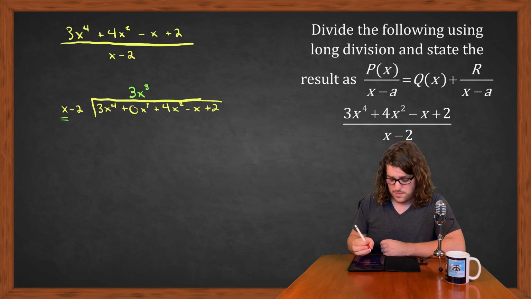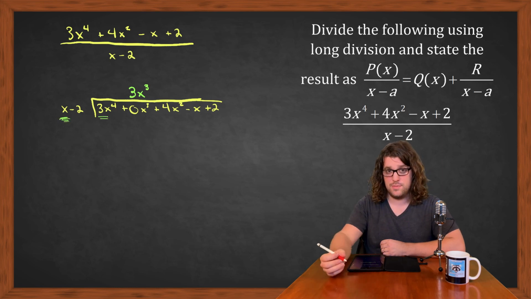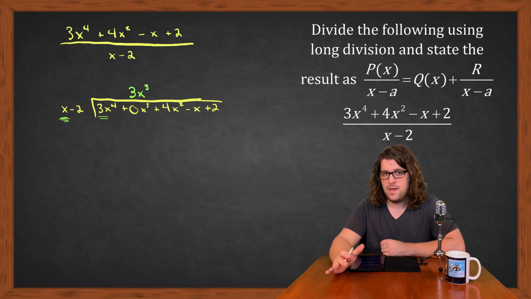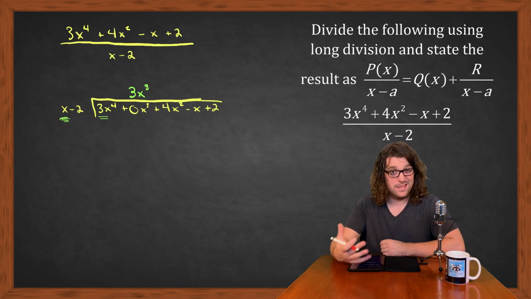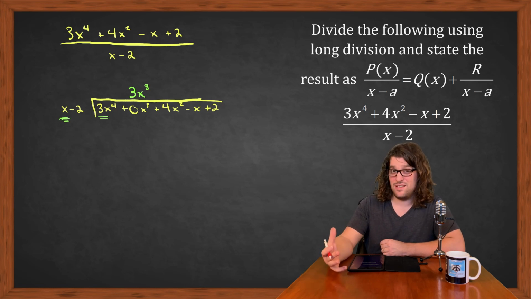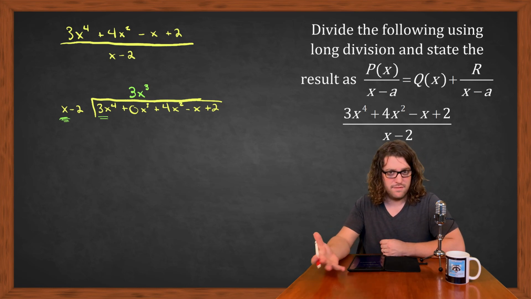Now the reason why I'm getting 3x cubed is because when I multiply that 3x cubed by the x that's part of my linear divisor, I'm going to get exactly this term here, which is 3x to the 4. So that will completely be taken care of, and then I'll just have to see what other pieces I can mix in there to make this go in as evenly as I can.